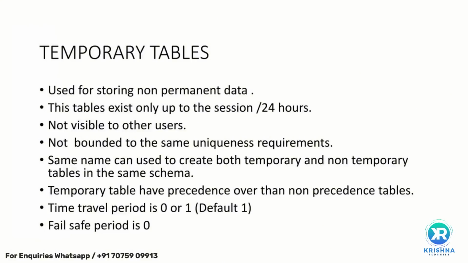This temporary is also there in other data warehouses, where we generally use it for intermediate data processing. Before you load into the final table, let's say you want to do some data processing, you generally use a stage table. That stage table you can create as a permanent table, or we can go ahead with a temporary table. Some people will use temporary tables for stage processing.